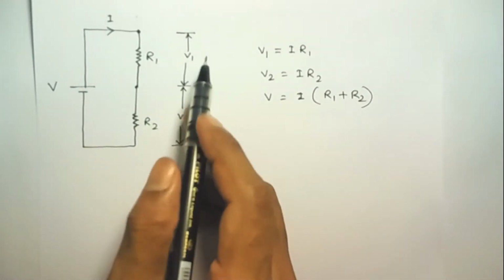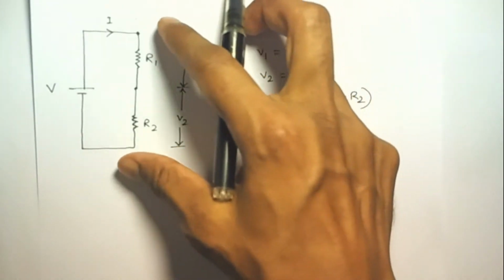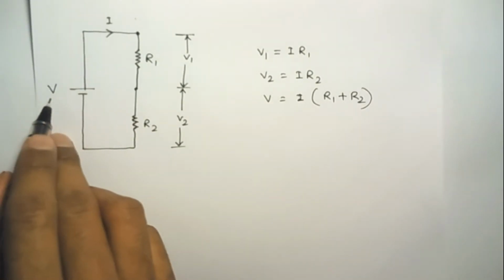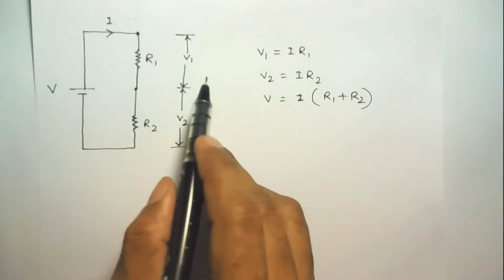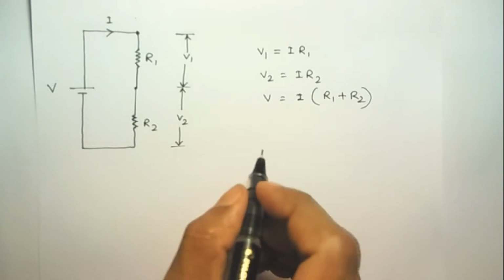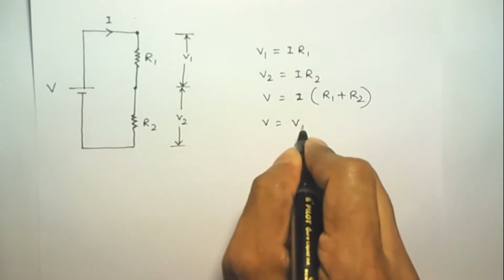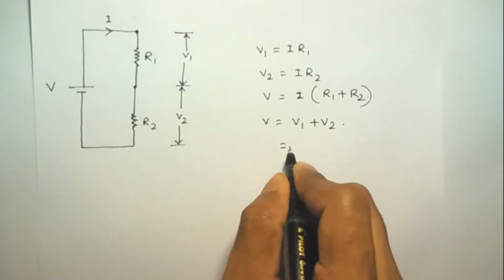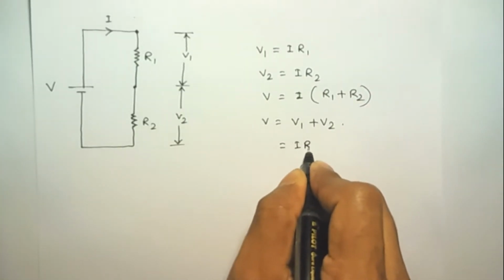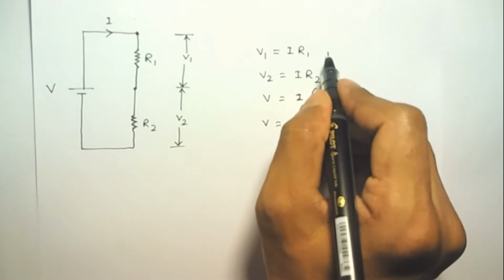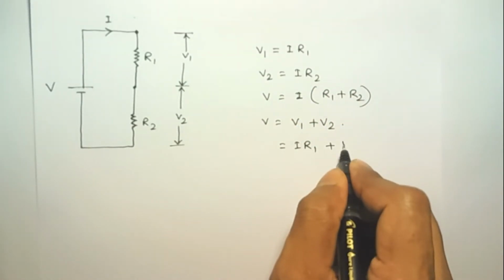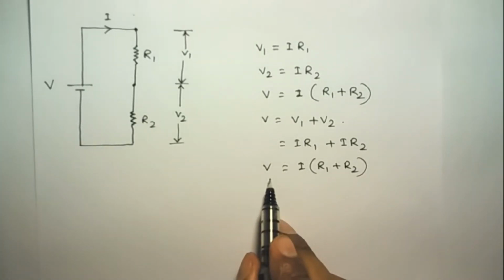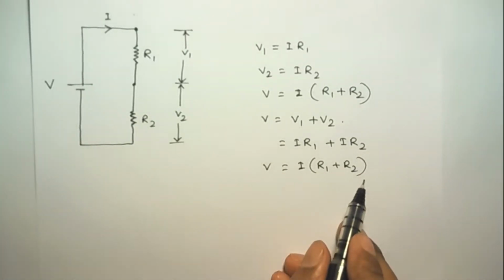Now we can see the total voltage across these two resistances, this voltage V, is the summation of V1 and V2. So V equals V1 plus V2 equals I into R1 from this equation plus I into R2 from this equation. So V equals I into R1 plus R2.